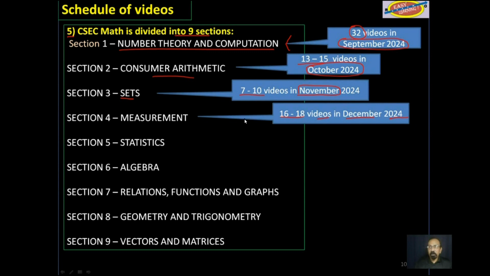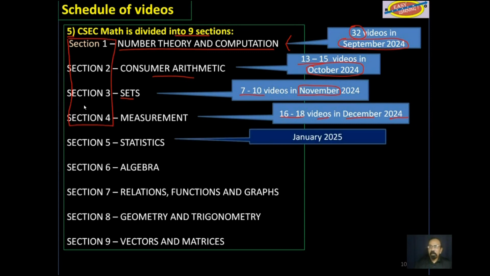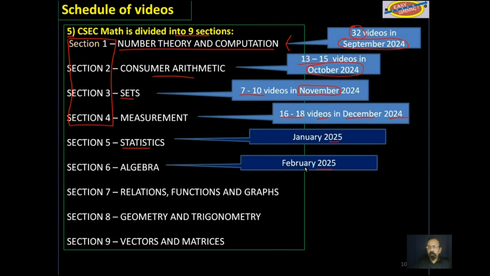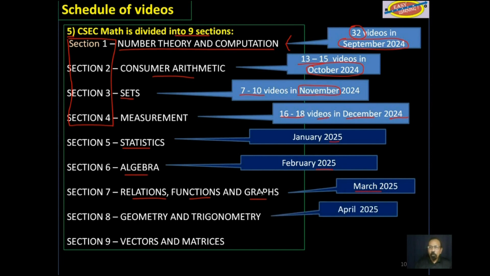So by the end of the year, 2024, hopefully, we will have these 4 sections covered. And then next year, January 2025, statistics, February 2025, algebra, March 2025, relations, functions, and graphs, and April 2025, geometry and trigonometry.